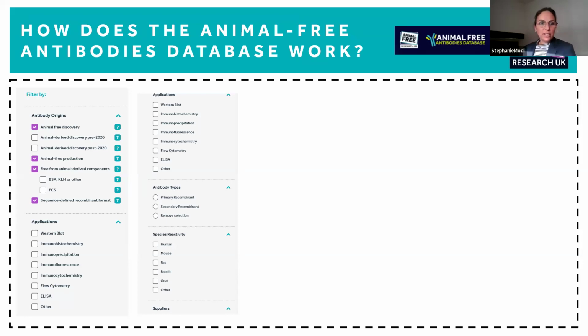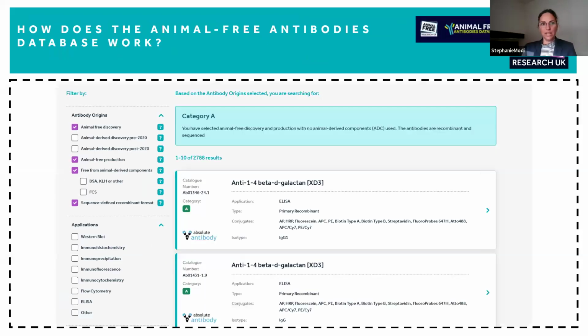So this is what it will look like. You'll be able to tick different options for what you're looking for. So for example, in this filter, animal-free discovery, animal-free production, and no use of animal-derived biomaterials has been ticked. So that will be your absolutely animal-free green antibody. And what you'll get is a little box telling you what you've selected.